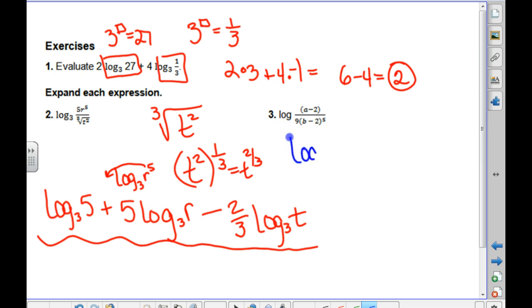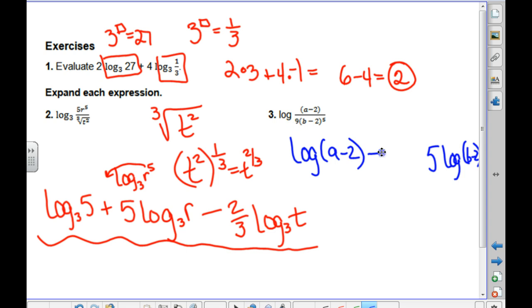This is the log of a minus 2. And that's the numerator. Can we distribute that log? Nope. What are we going to do with the denominator? It'll be a minus. Back here, there's going to be a 5 log of b minus 2.